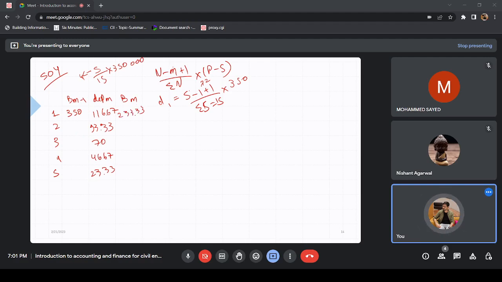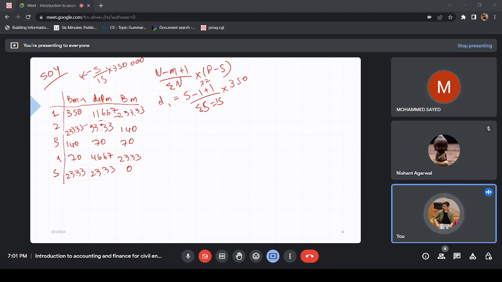Then 233.33 minus 93.33 brings us to 140. 140 minus 70 is 70. 70 minus 46.67 is 23.33. So you see that the sum of years digit method also gives you 0 book value if your salvage value is 0, right?